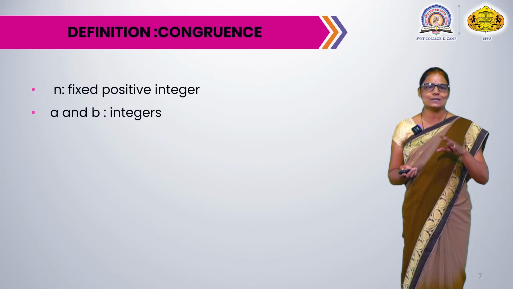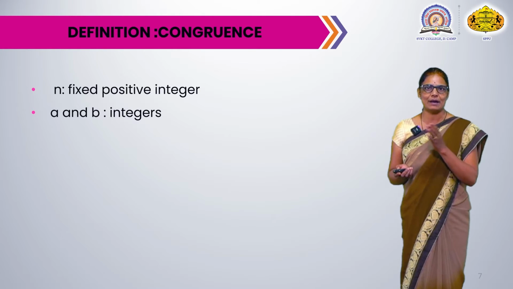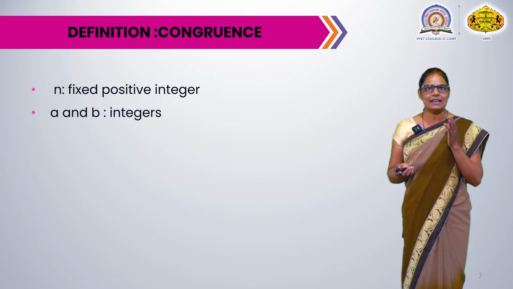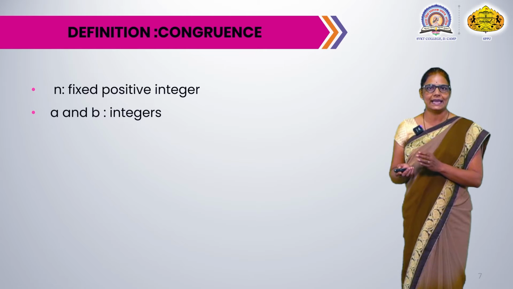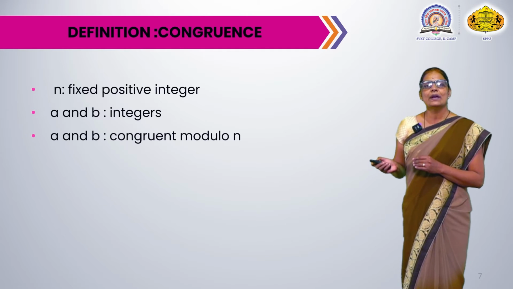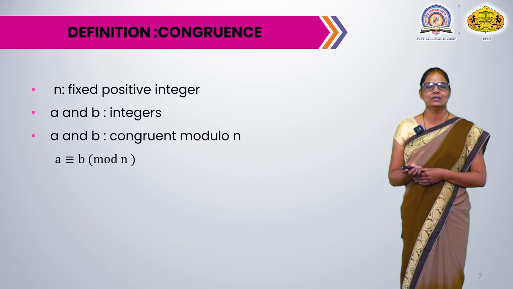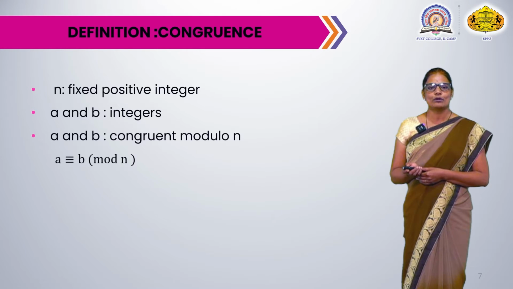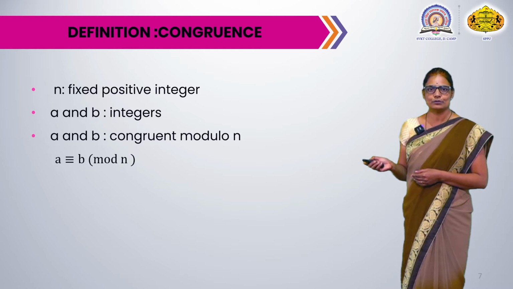These two integers are said to be congruent to each other modulo n if n divides the difference a minus b, that is a minus b is an integral multiple of n, that is a minus b can be written as k times n, where k is some integer. When a is congruent to b modulo n, this is the notation we use to represent it.